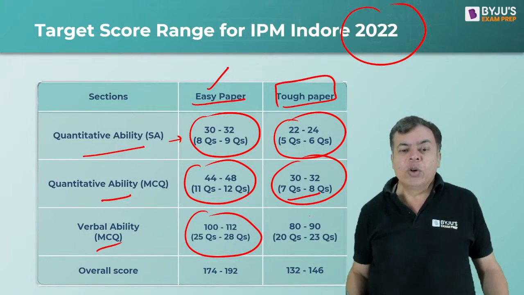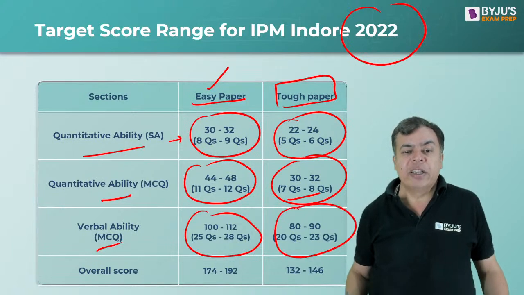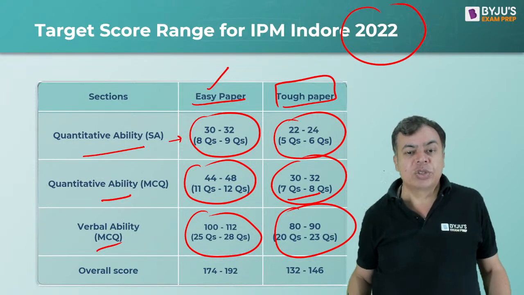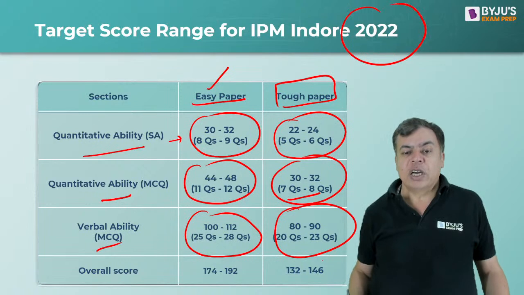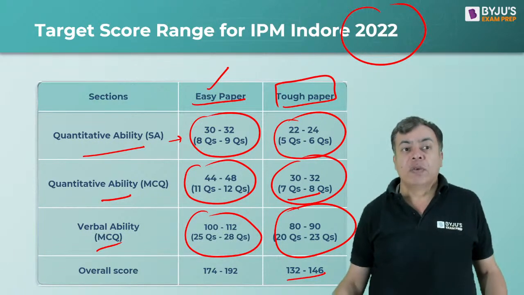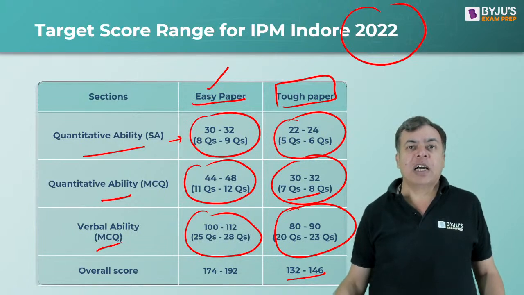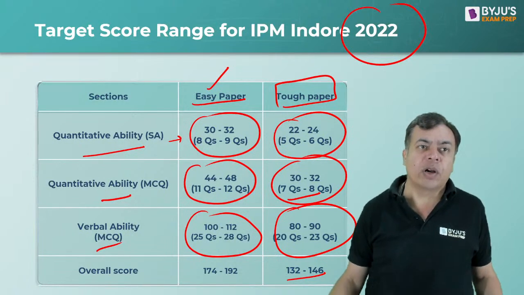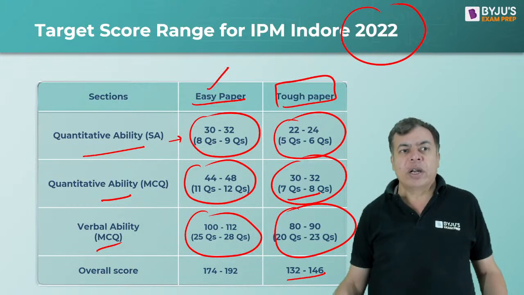And then 20 to 23 questions in verbal ability out of 40 questions, so 80 to 90 score here. So the total overall score you should target is 130 to 146. That will be a safe score to get you a ticket for the second stage.